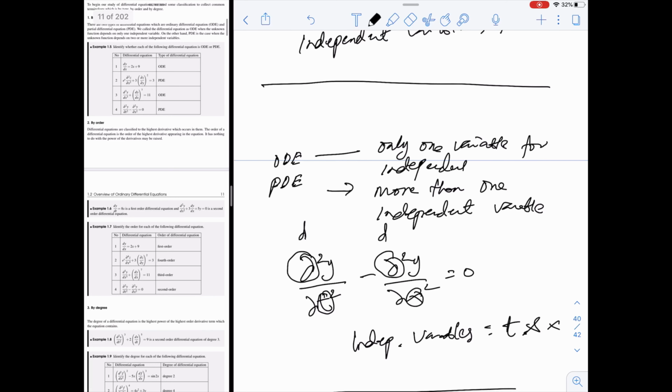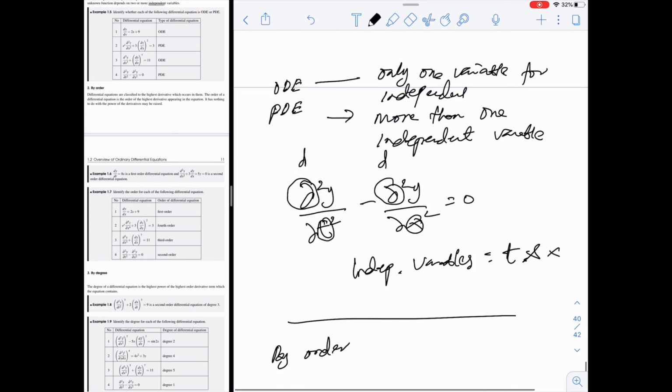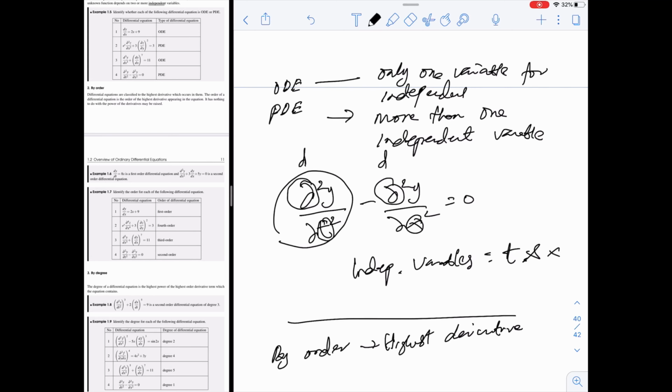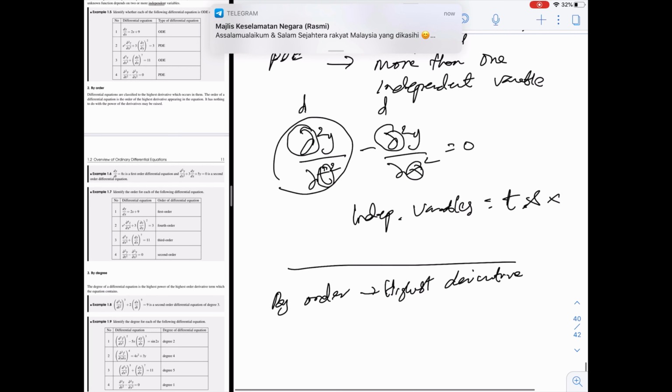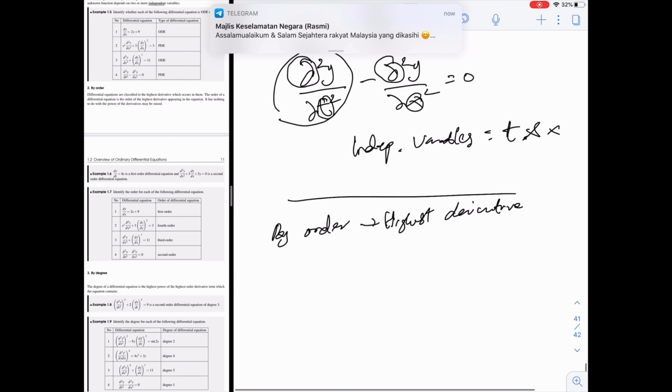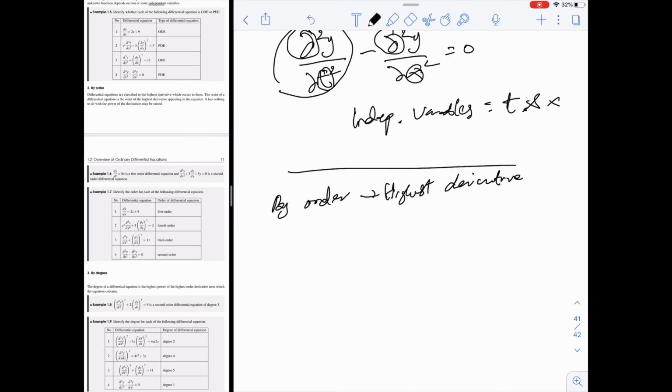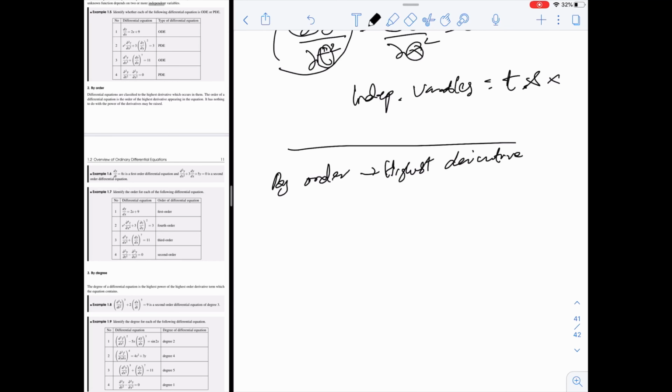For this example, the highest derivative is the second order, so we call it a second order differential equation. So by knowing the order, you need to check the highest derivative, and consider that term as the order of the equation.